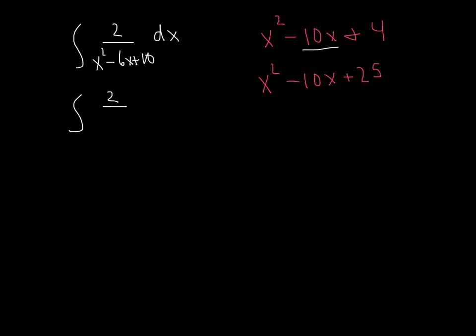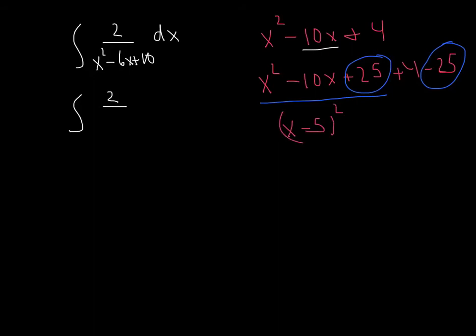And then you can't just add 25 without subtracting it back out as well. So it's going to really be plus 4 but minus a 25. And you have to subtract it out because you need to balance it. So that way you can factor that. And that's going to end up being x minus 5 squared minus 21.